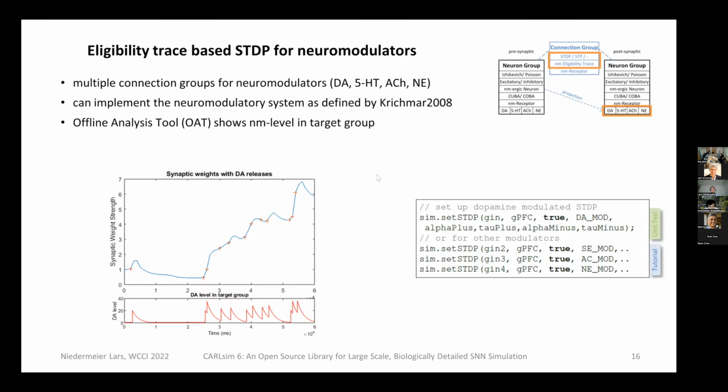In the bottom figure, the red curve shows the dopamine level in the target group. As the dopamine level decays, the synaptic weights also decay. As we accumulate the dopamine level, the weights get updated. On the right side, for each connection, we can specify different types of neuromodulators for the STDP learning rule. I think that's pretty cool.